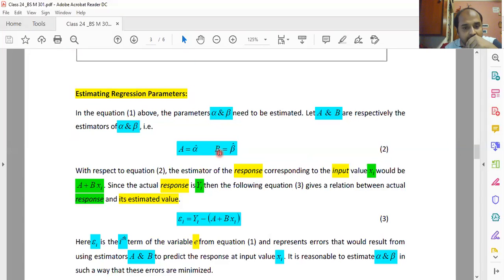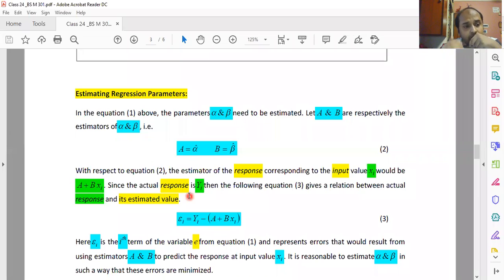Now in the equation, what was the equation? If you note down in the copy, y equal to alpha plus beta x. Alpha was not known, beta was not known. So what am I going to do now? I am going to fit all possible points for the variable small x, which is the input variable, and I can plot in place of alpha its estimate capital A, and in place of beta its estimate capital B. And I will get this kind of relationship, A plus B xi.